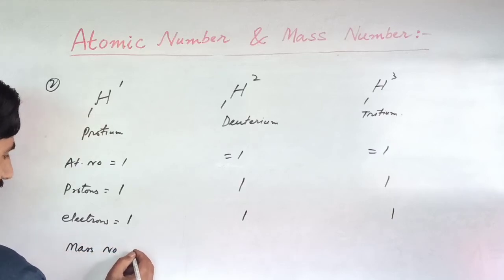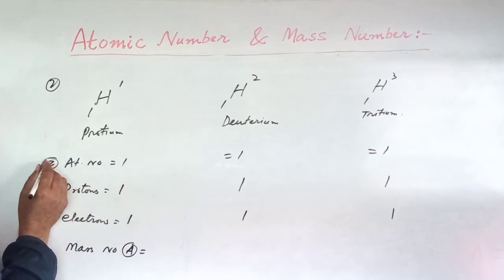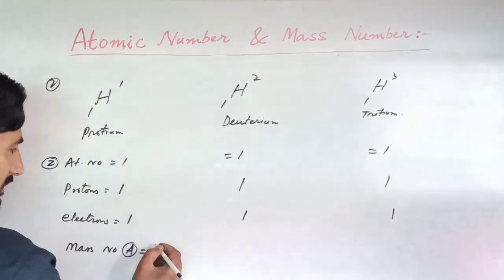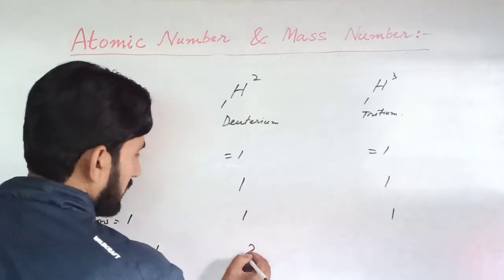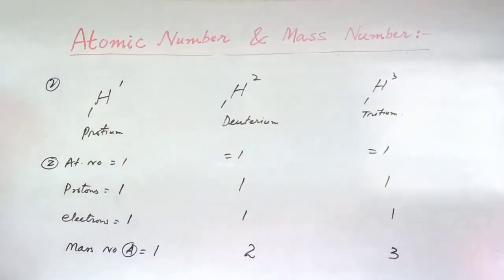Mass number A, atomic number Z. Mass number A is equal to 1 here, 2 here, and 3 here. Number of neutrons is equal to A minus Z. 1 minus 1 is equal to 0.